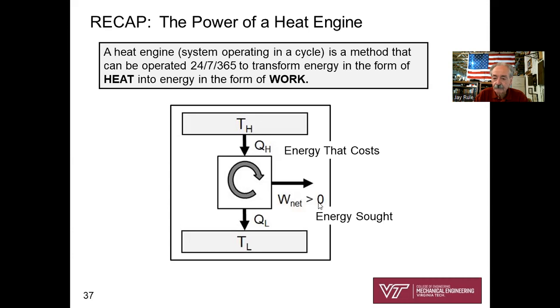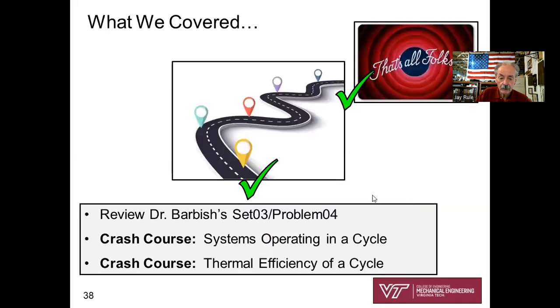Or in other words, from a thermal efficiency standpoint, you're transforming the energy that costs into the energy you're seeking. The thermal efficiency is energy sought divided by energy that costs. So I hope that helps your understanding of where you're going in class.